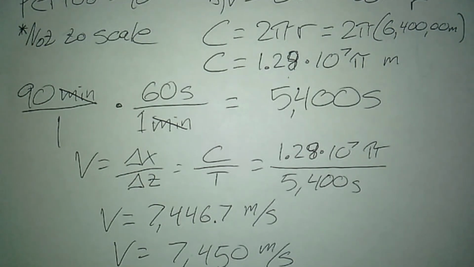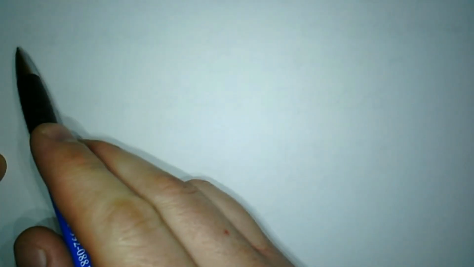Now, how do I find the angular speed? Well, I'm going to take my number and divide it by the radius, right? So let me get a new piece of paper. Okay, so let's write down my linear speed so we don't forget it.